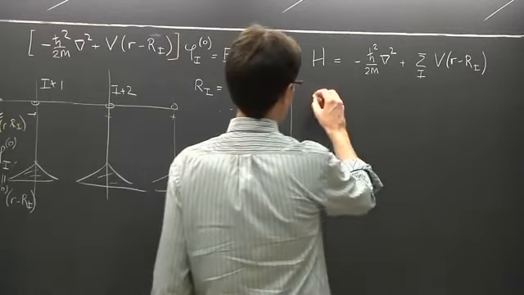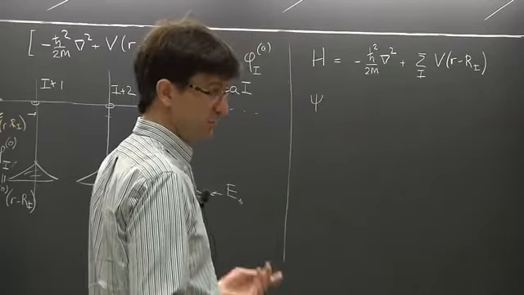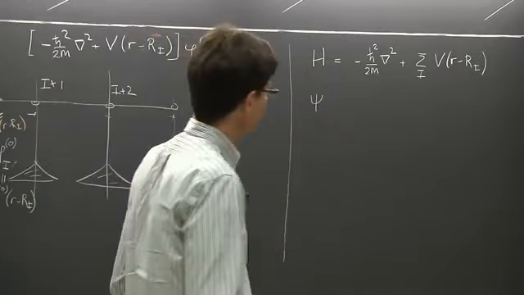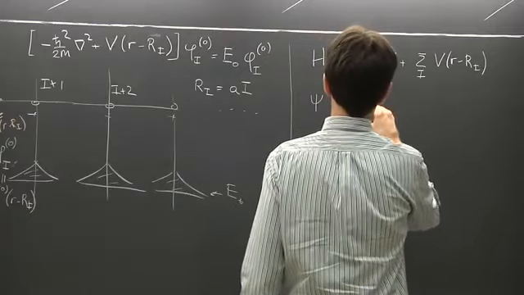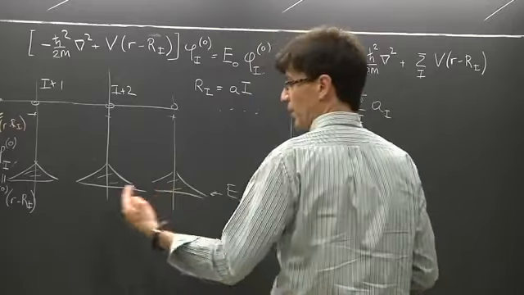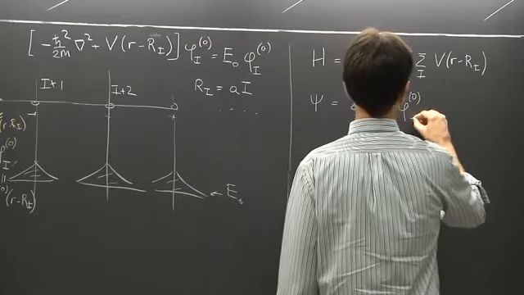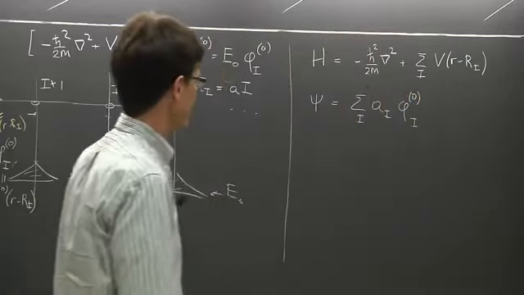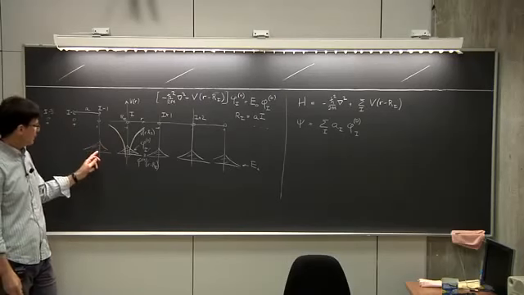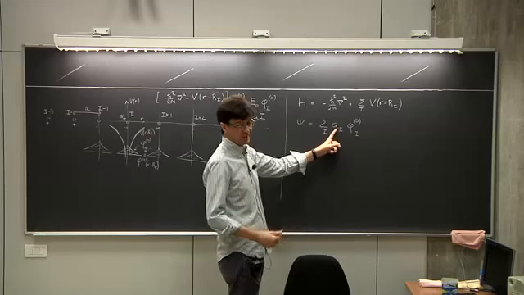So the way we're going to try and solve the problem is by constructing a guess for the solution. You remember last time we constructed the guess as a linear combination of phi 1 and phi 2, the 2 orbitals. And now we're just going to build this as a linear combination over an infinite set of wave functions, all the possible solutions at the different sites. We're essentially trying to build a total wave function as a linear combination of this plus this plus this plus this plus this, with coefficients to be determined.